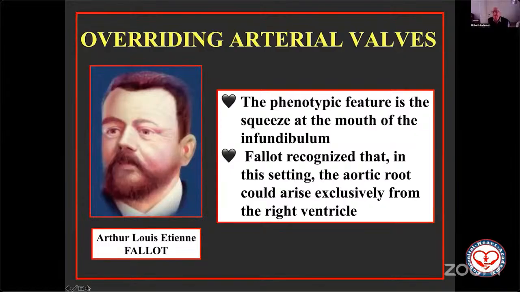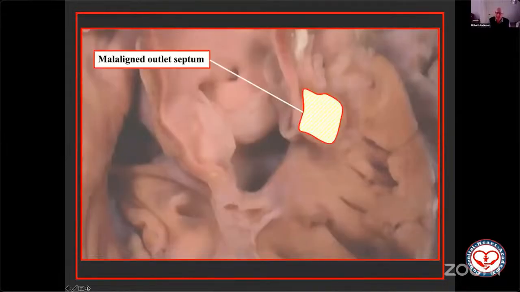So let's remind ourselves of the phenotypic feature. You're going to see this very shortly in the exquisite videos that Diane has prepared for today's session. But here's the picture I like to show, illustrating the phenotypic feature of tetralogy of Fallot. There you see the malaligned muscular outlet septum.